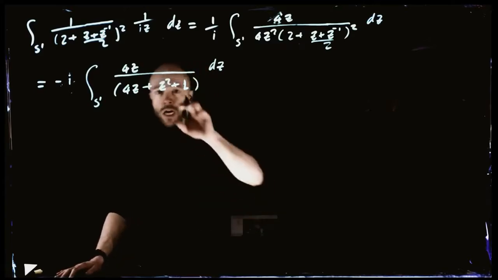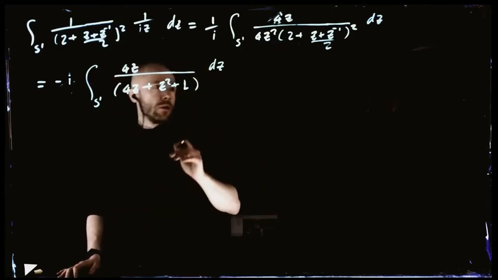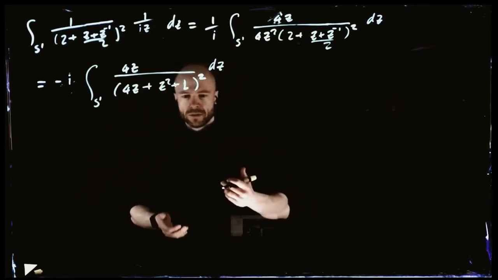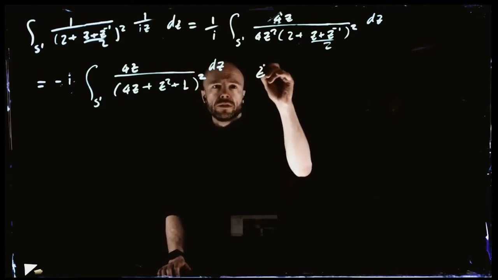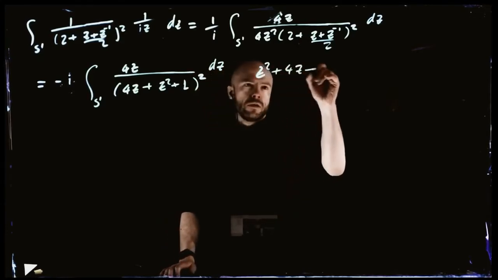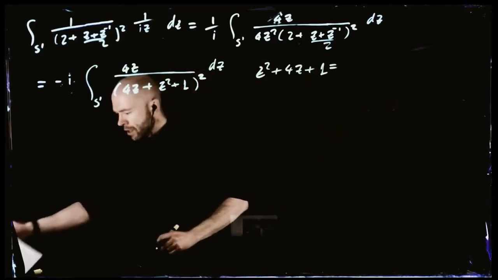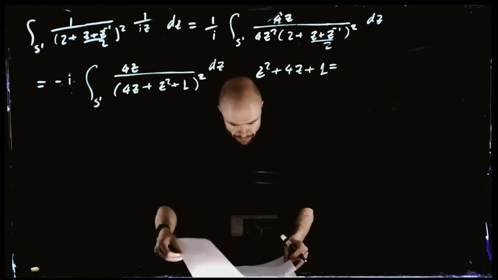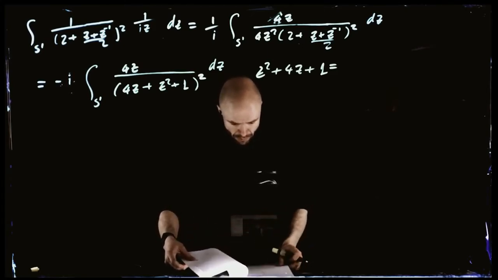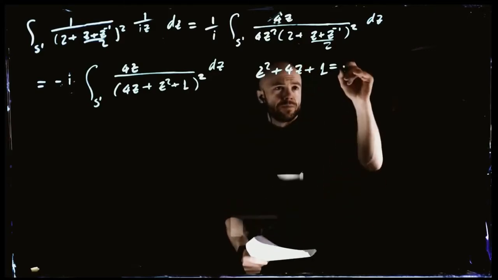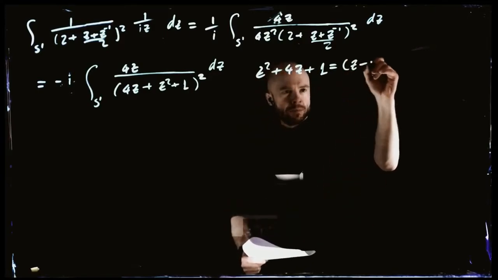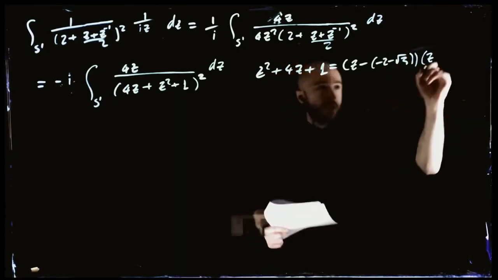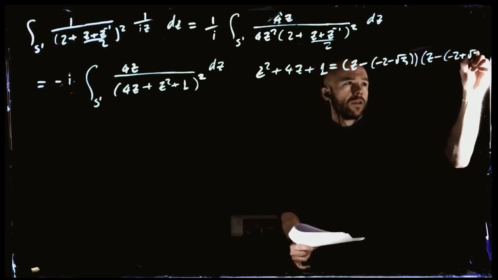And that looks good because now I have a quadratic on the bottom here. Oh, everything should be squared. I keep forgetting this. Now I have a quadratic on the bottom here, so I can actually factor it. So z squared plus 4z plus 1 factors, and the factors turn out to be like this: z minus 2 minus root 3, z minus 2 plus root 3.